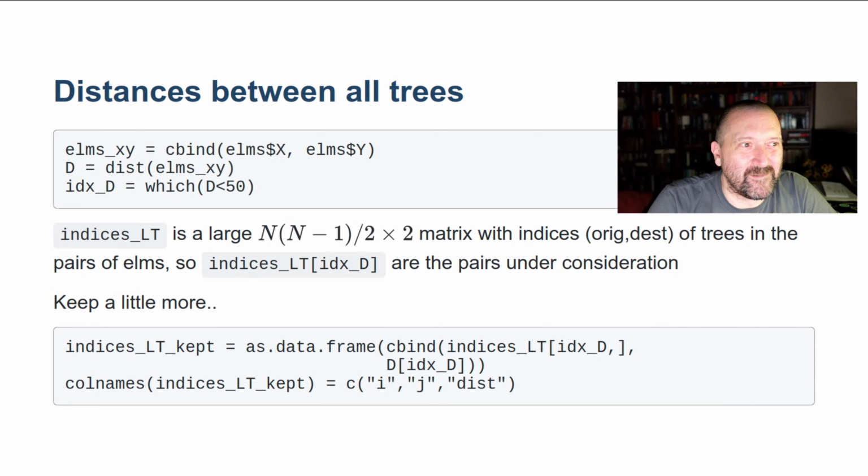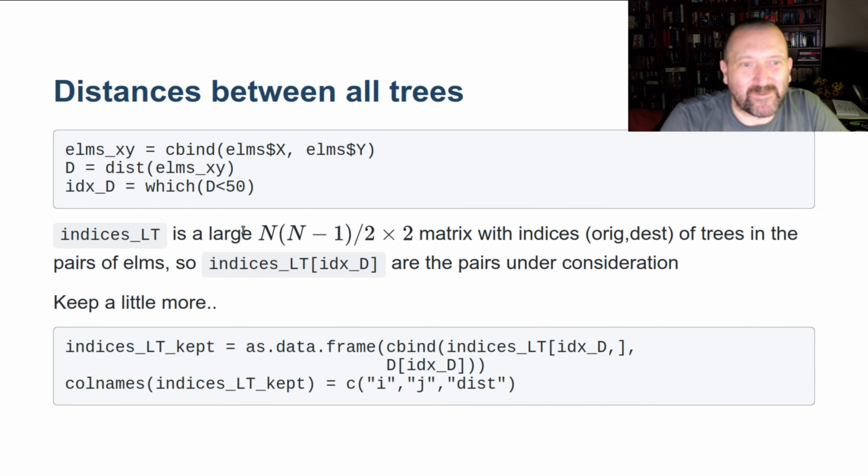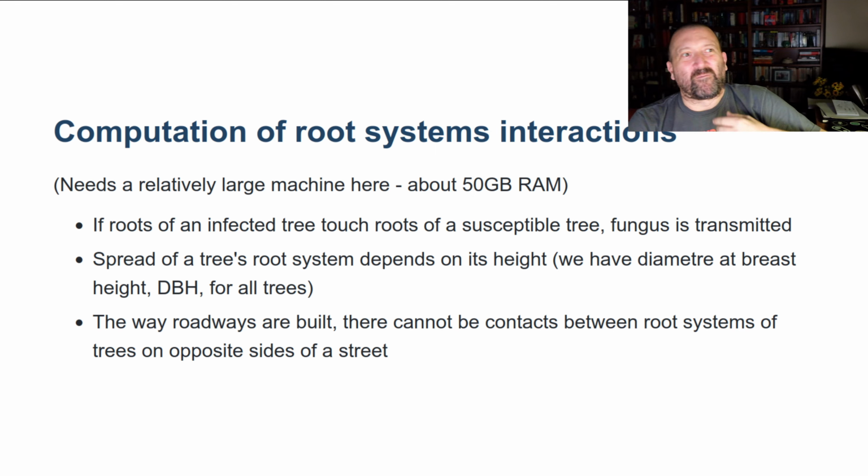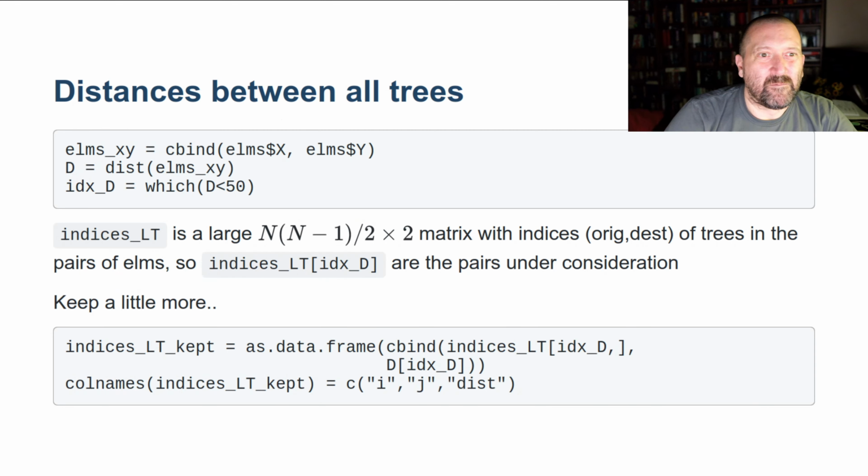It's demanding, as I pointed out in the previous slide, in terms of computer power, so to speak, computer memory, but it's easy to do. So one thing we can do is first say, well, trees that are more than 100 meters apart, or even less than that, are not going to have their roots touch.